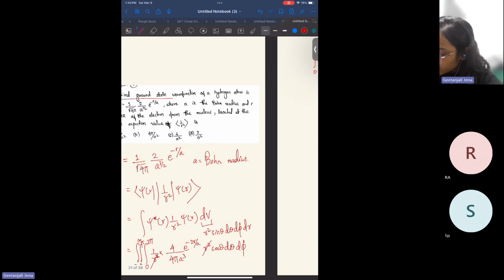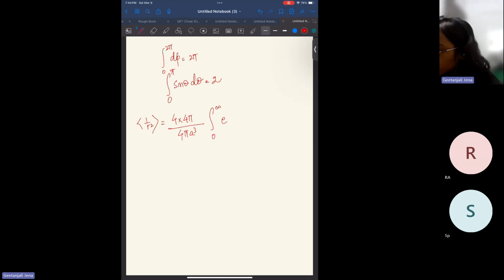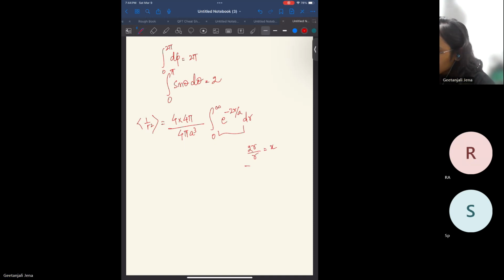So now what we have is 1 by r square equal to 4 into 4 pi, I am factoring out the constant. The term which remains is e to the power minus 2r by a dr. So this one you can solve. You can just substitute 2r by a equal to x. That means dr equal to a dx by 2.